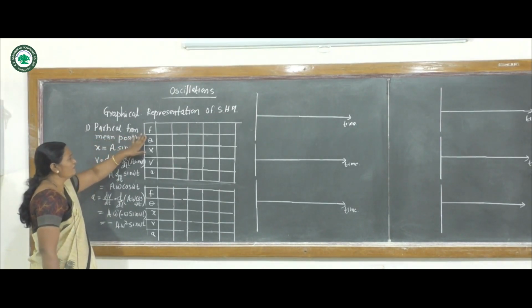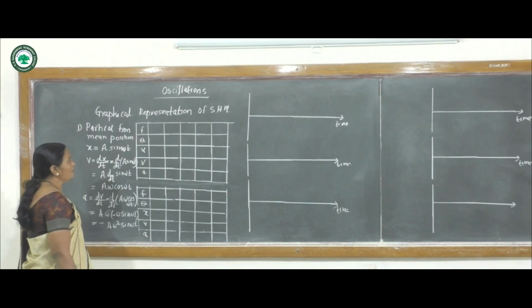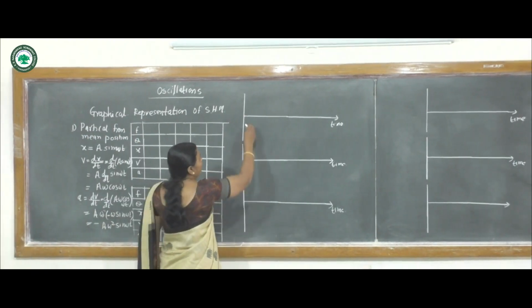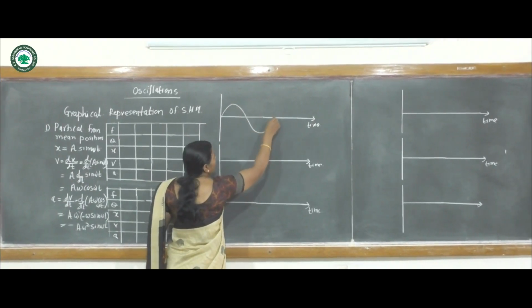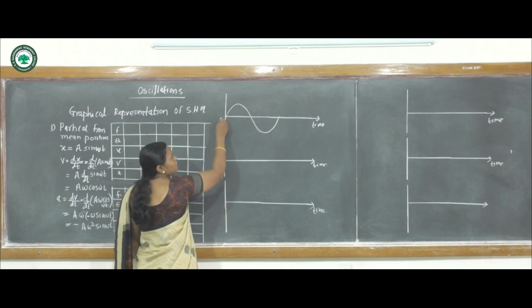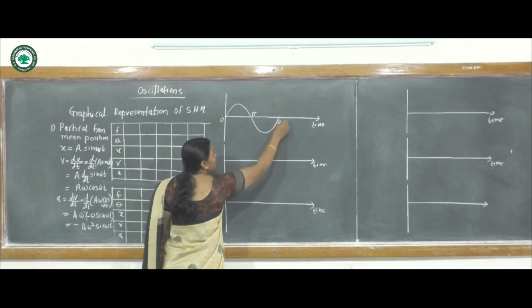Now first we find the values for one oscillation. This is one oscillation. This is suppose 0, then this is half oscillation, and this is the complete oscillation.